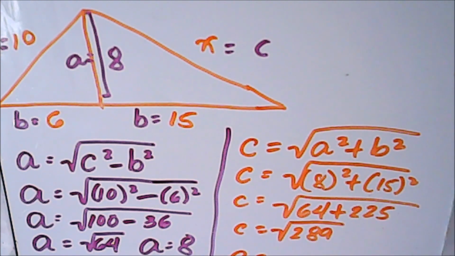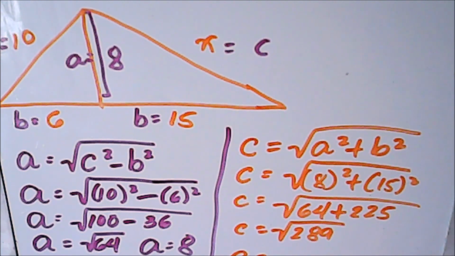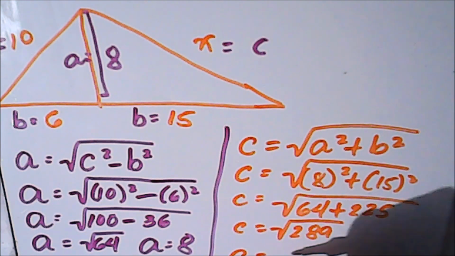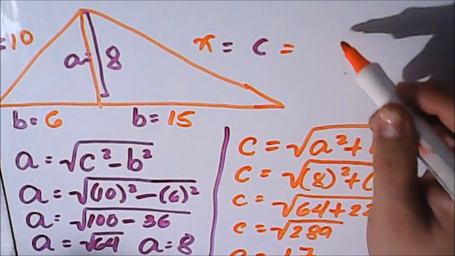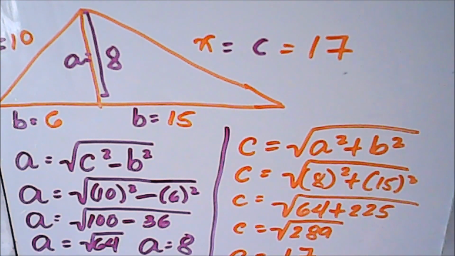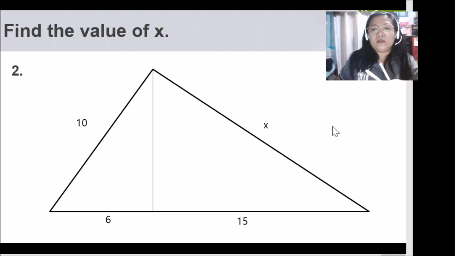And 289 is a perfect square. The square root of 289 is 17. So C is 17, therefore x is equal to 17.